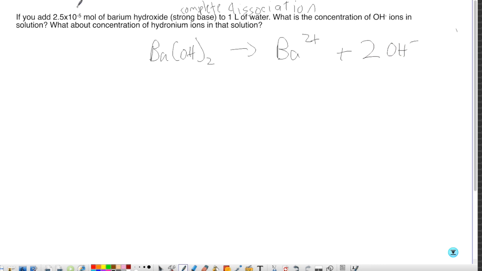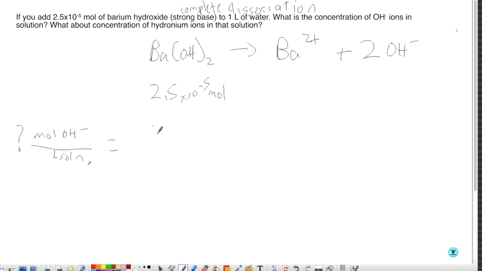Okay, so I'm given this information, and I'm asked to find the concentration of hydroxide ion. So what I'm really looking for is moles hydroxide ion per liter solution. Now I'm actually given enough information about both of these.